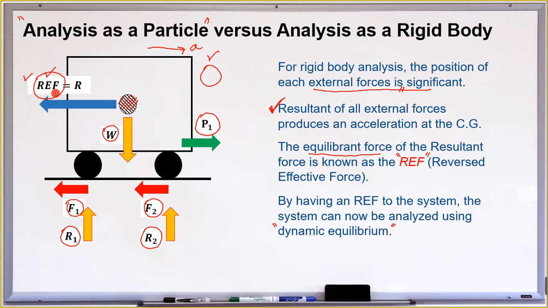So if dili nimo siya i-include sa imo drawing, this object of course has a net acceleration, that is why nag-move na siya. However, sa imong pag-analyze, if imo ni siya i-include ning reverse effective force, then in that particular setup, that is already in dynamic equilibrium. Kay imo man na equalize tanang mga forces nga nag-interact.